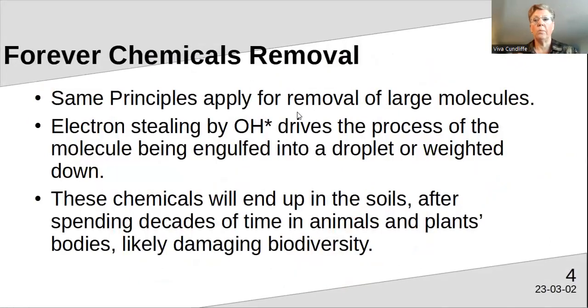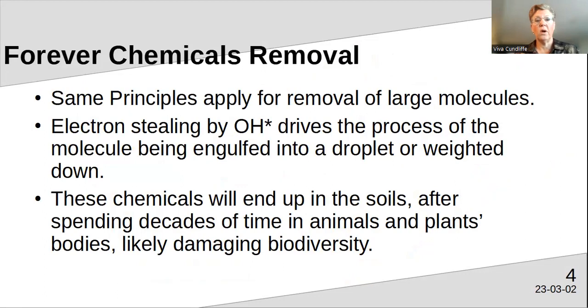So also a parallel is happening with the forever chemicals. The same principles apply for removal of any large molecule in the atmosphere that is not being oxidized or hydrolyzed by the hydroxyl.